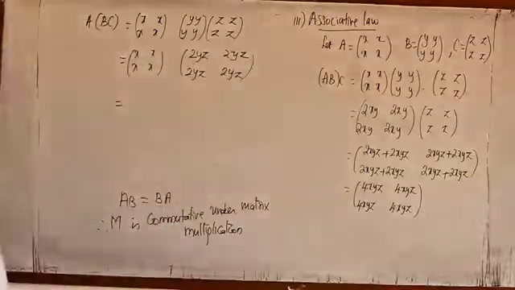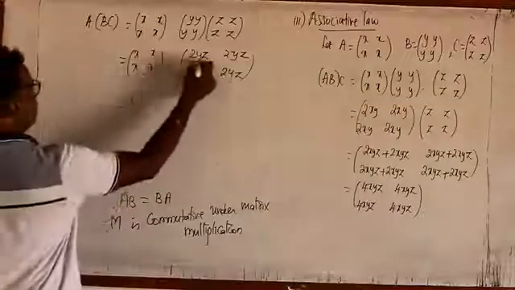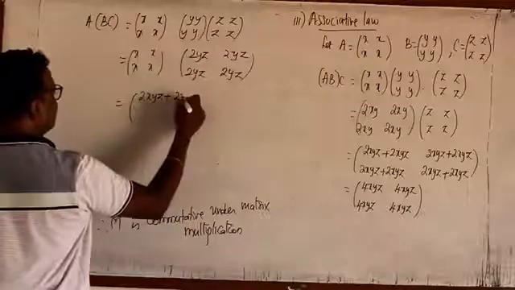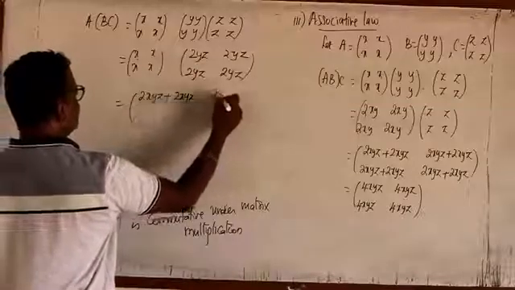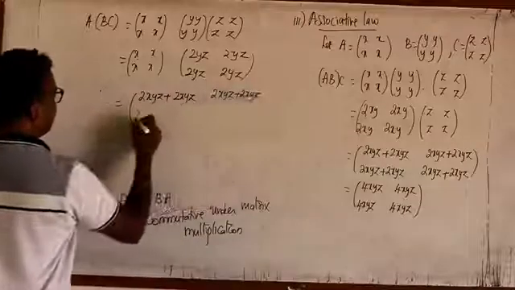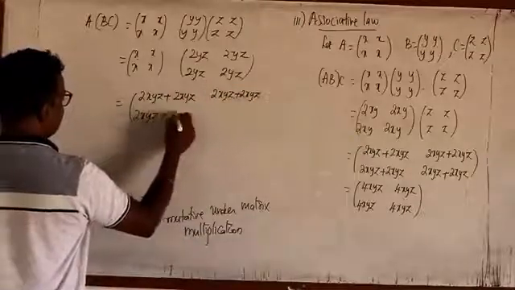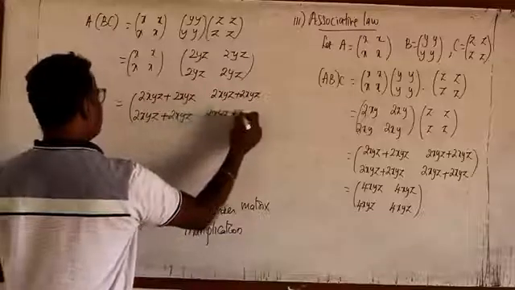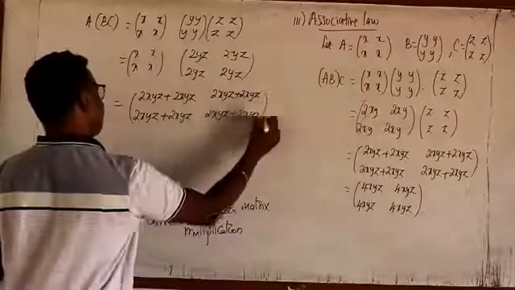Now we shall multiply row by column: x into 2yz, 2xyz plus 2xyz in each entry.